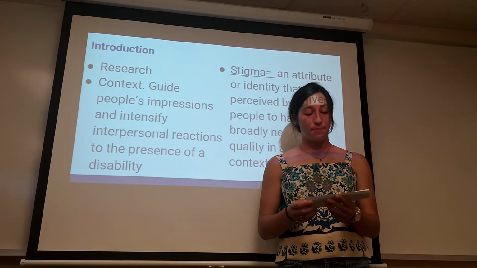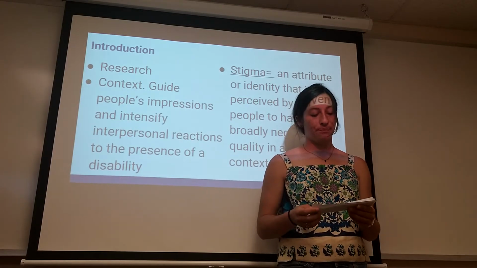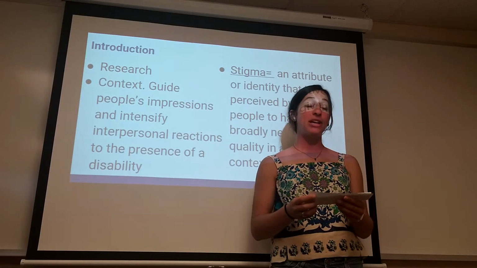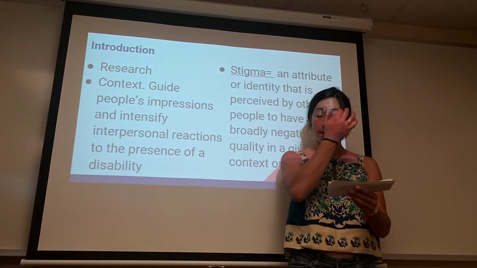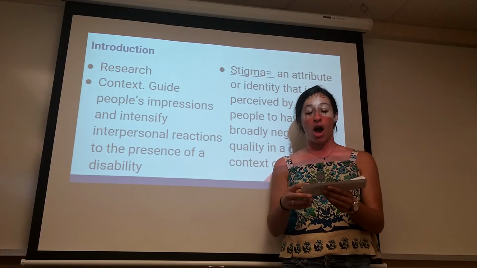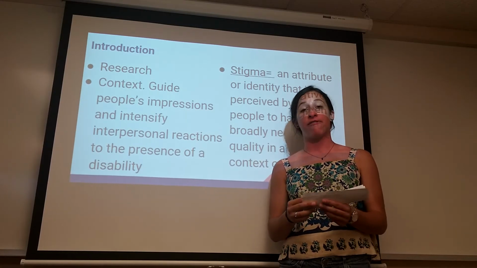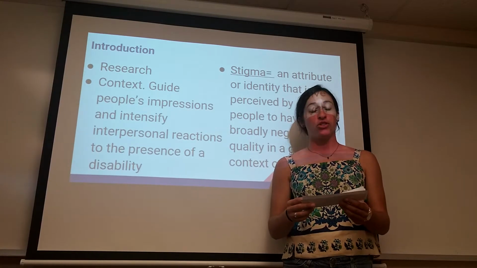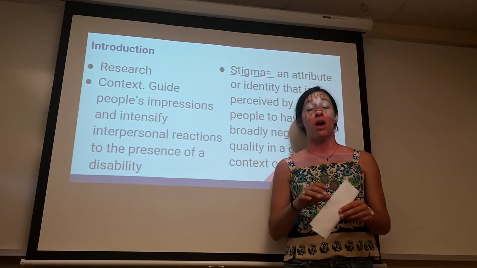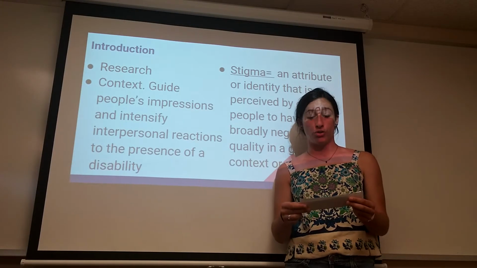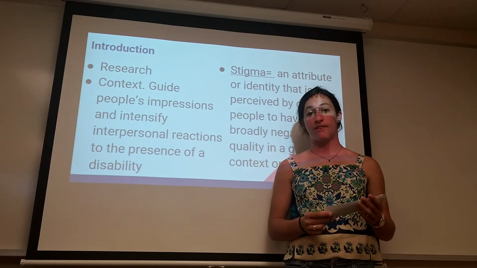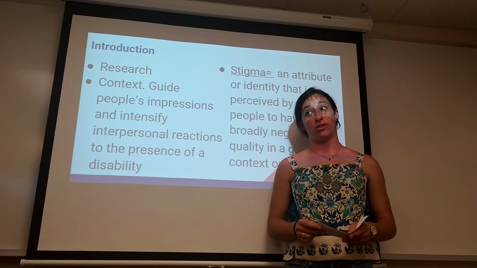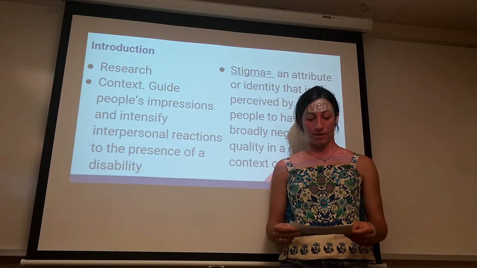The second finding, more specific to disability, finds that the presence of some disability, of which its nature was not revealed, led participants to make biased ratings in overly unfavorable or favorable directions. So this demonstration allows us to understand that context plays a huge role, and context guides people's impressions and intensifies their interpersonal reactions to the presence of a disability.